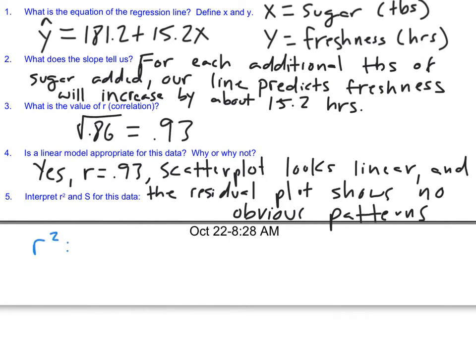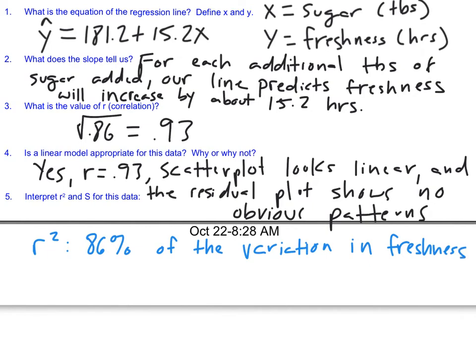And we'll wrap up with R squared and S. 86% of the variation in freshness is accounted for by our line.